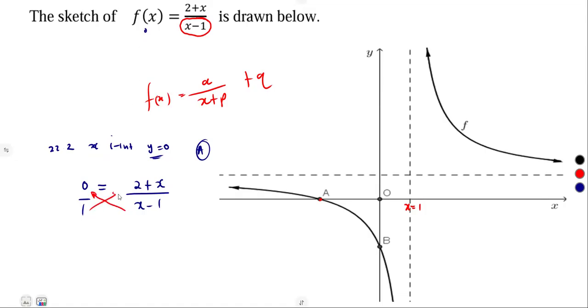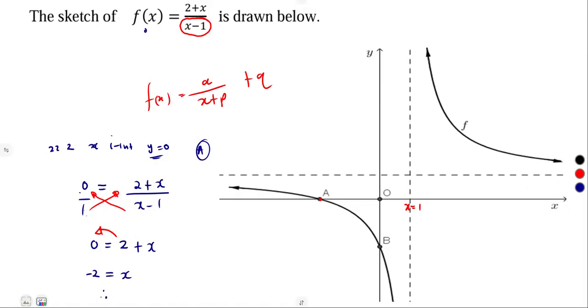So we can do that, all right? If you cross multiply, 0 times any number is 0 here, then 1 is going to multiply 2 plus x, all right? So that's 1 times 2, which is 2, 1 times x, which is x. So you can calculate the value of x. 2 to the other side is going to be a negative 2. So negative 2 is equal to x.